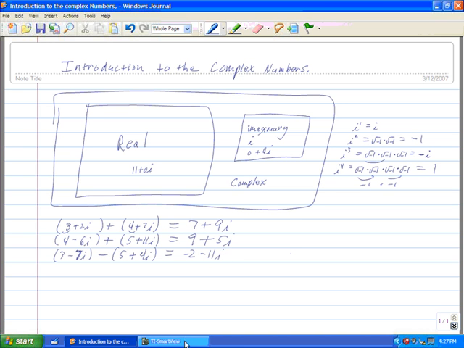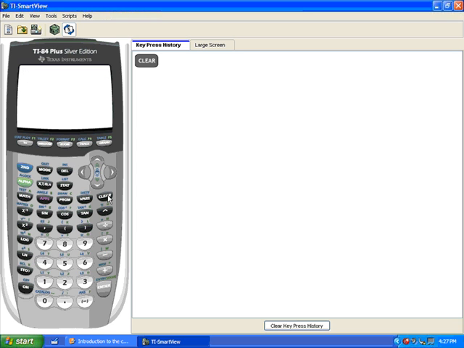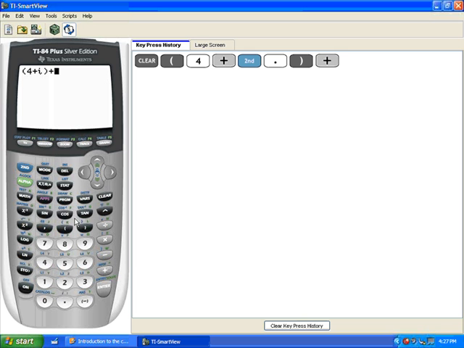Like I said, your calculator can do these quite easily. If I wanted to put in a complex number, I'd start with the left parenthesis, and I could put in 4 plus, second function decimal would be 4 plus i, plus, open another parenthesis, 8 minus 4, second function i, close the parenthesis, and you get 12 minus 3i.